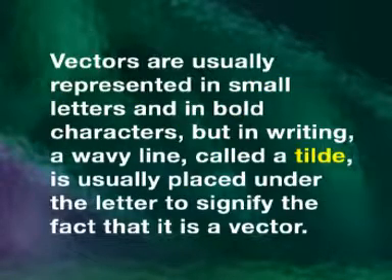Vectors are usually represented in small letters and in bold characters, but in writing, a wavy line called a tilde is usually placed under the letter to signify the fact that it is a vector.